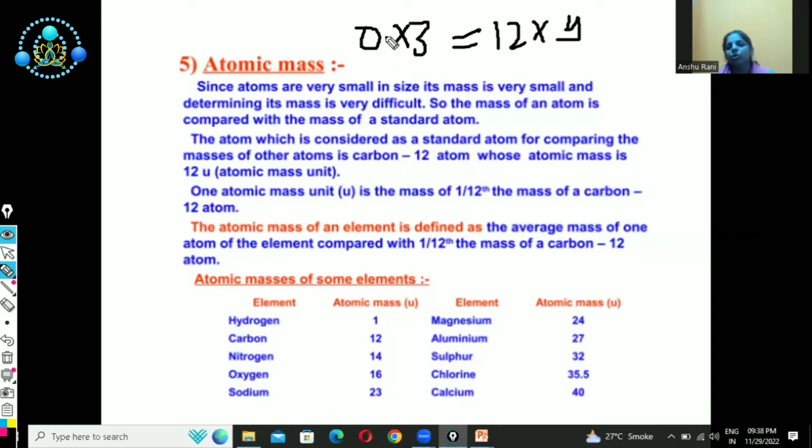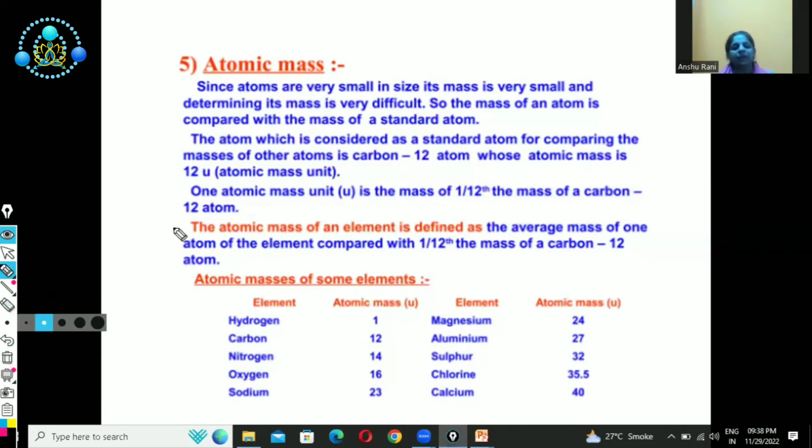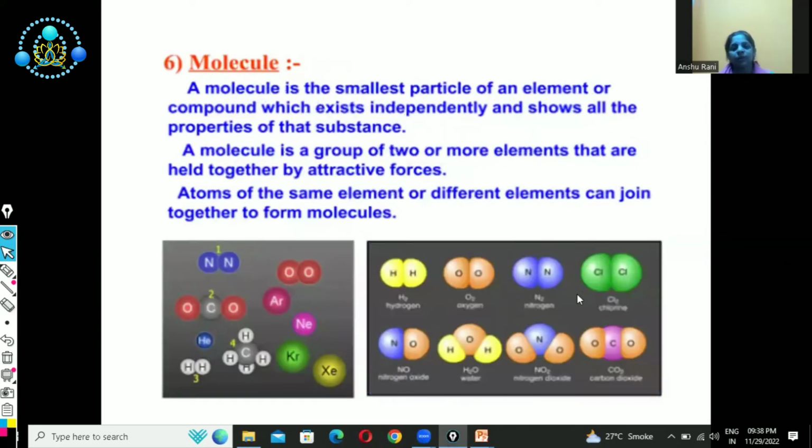So it will give you oxygen equal to 48 upon 3, that is 16 units. From there, you can calculate the mass of an oxygen atom. In this way, we have calculated the mass of different elements, and these values are given here.